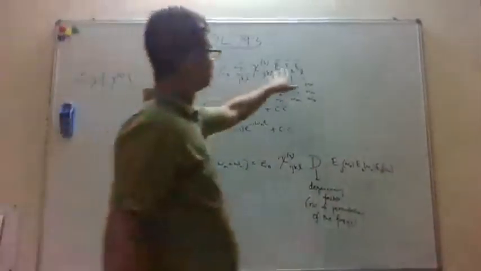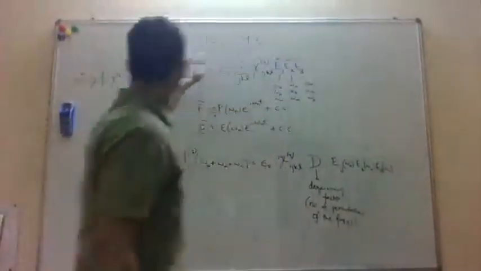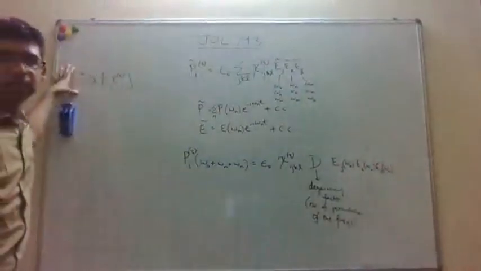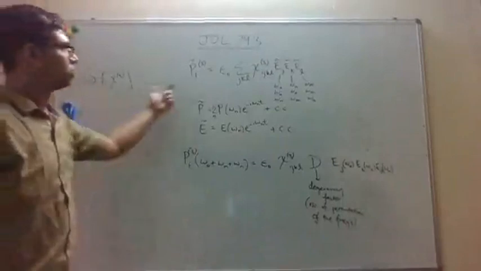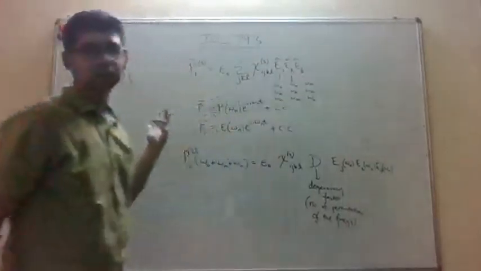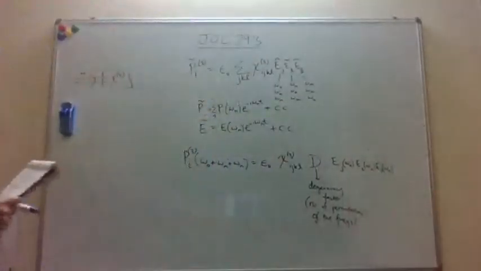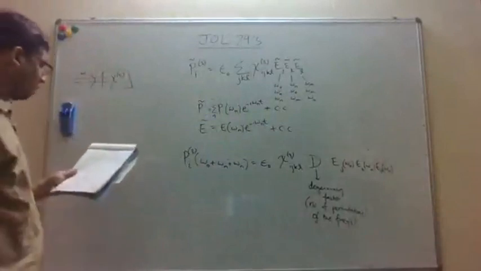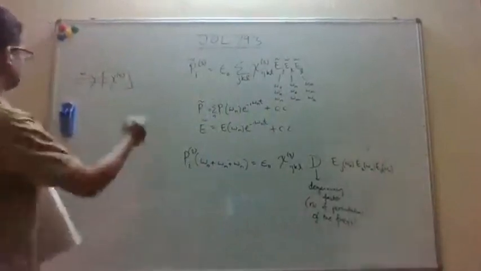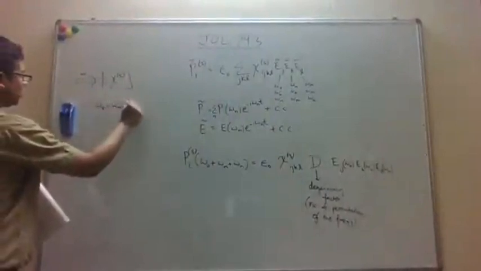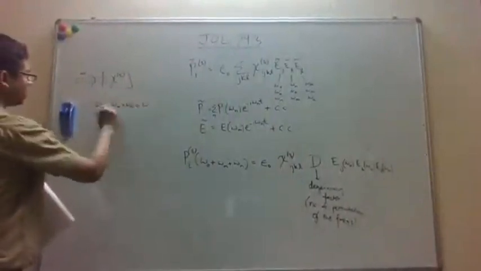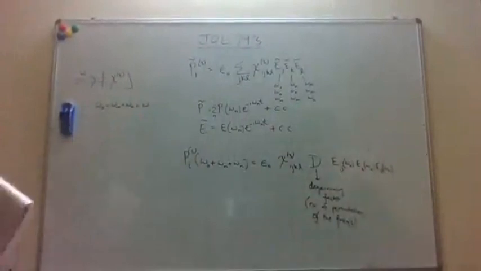All these components have to come from this same laser beam, so all of these can only be omega. Which means all three input fields have to have frequency omega.